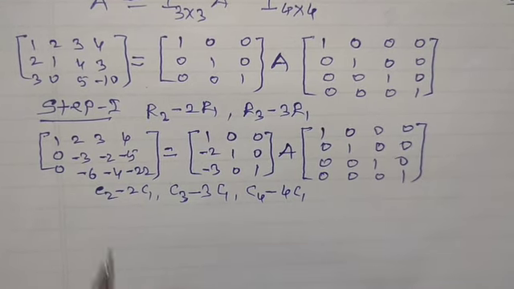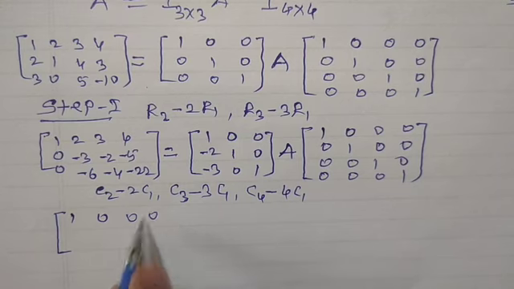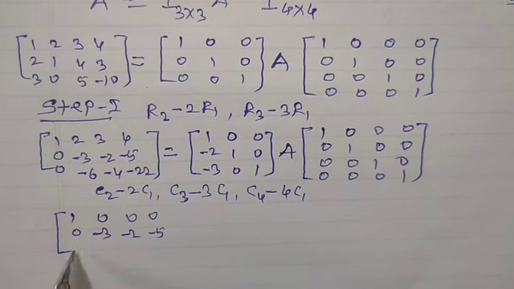Then this matrix will reduce to only change in first row, 1 0 0 0. Remaining 2 rows as it is, 0 minus 3 minus 2 minus 5, 0 minus 6 minus 4 minus 2.